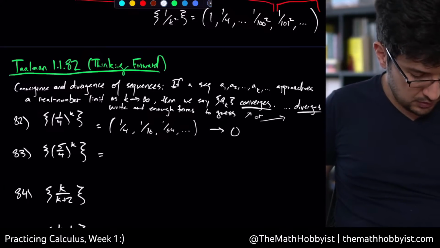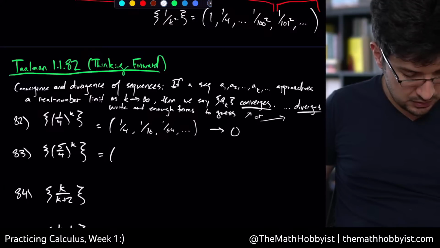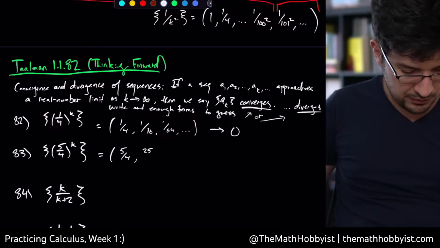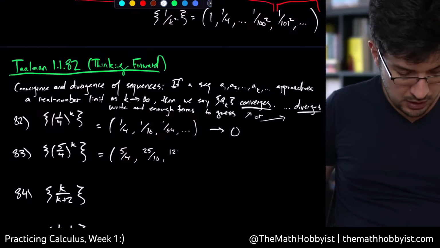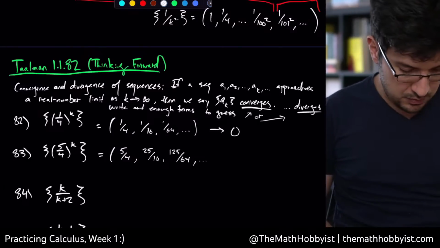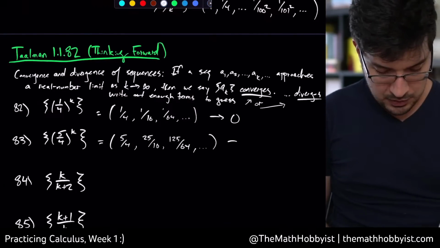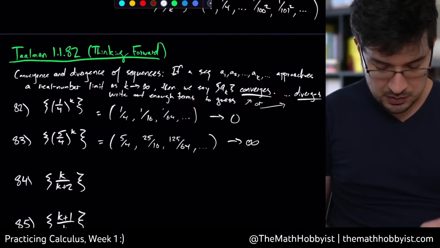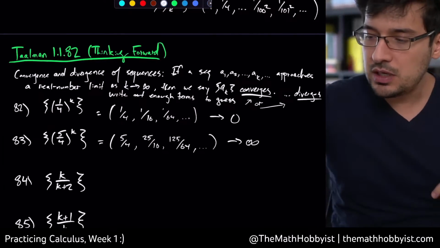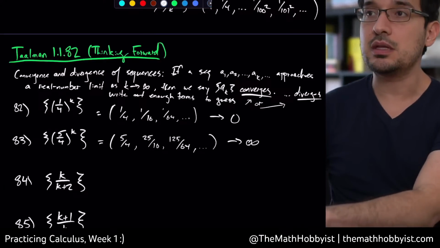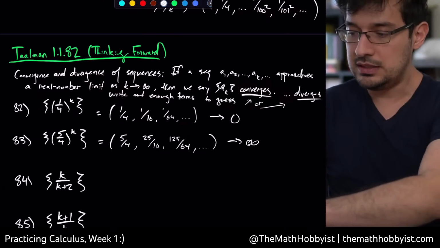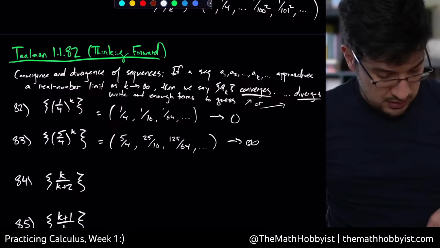5/4 to the k. The sequence is going to be 5/4, 25/16, 125/64. And I feel very good that that's going to go to infinity, but let's try to get some numbers so that we can really see that each of these is getting bigger.